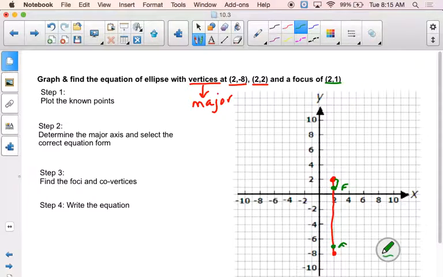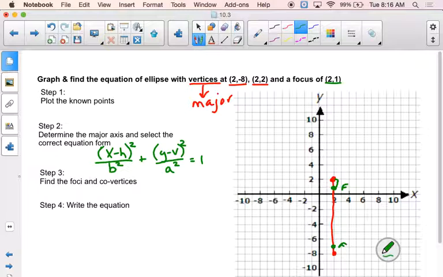Okay, so my major axis shows me that that's going to be a vertical equation. And so the form that I'm working with is x minus h squared over b squared, because for vertical, b comes first, and y minus k squared over a squared equals 1.